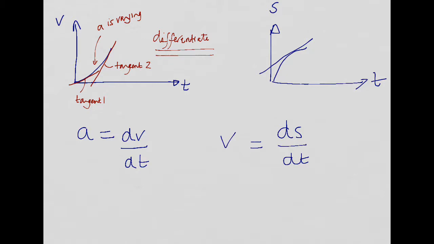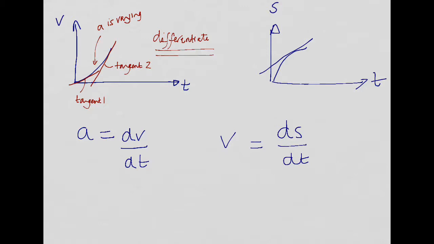So just going back through that, if I have a displacement expression, and I can differentiate it with respect to time, I'll get my velocity. And if I have a function for velocity and I differentiate it with respect to time, I'll find my acceleration.